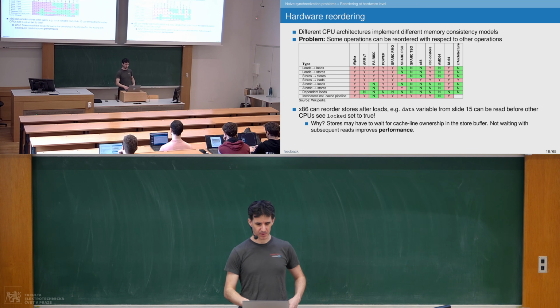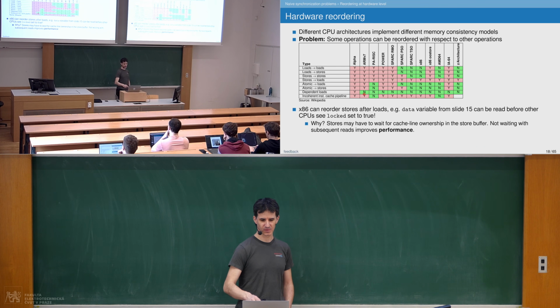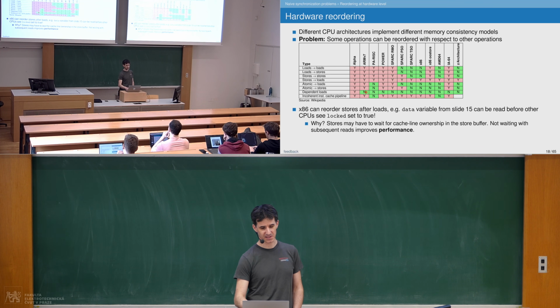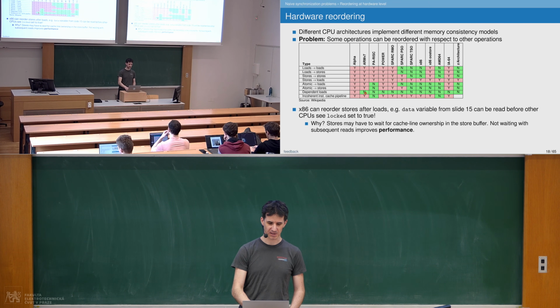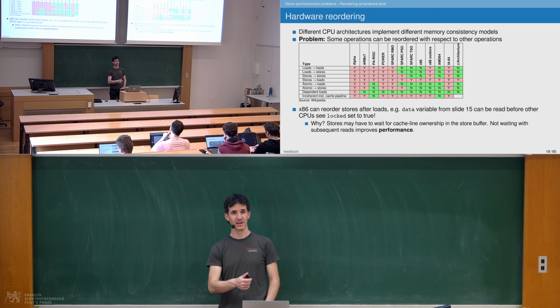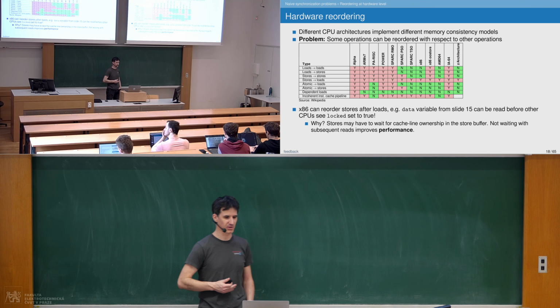But if you, for example, then port your application to a mobile phone running on ARM, and this is some older ARM, but for newer ARM the table is similar, you can see that ARM is almost like Alpha. It can reorder everything with everything else, and only certain load ordering is guaranteed to stay the same. Then your application will stop working there if you don't have your memory ordering correct.